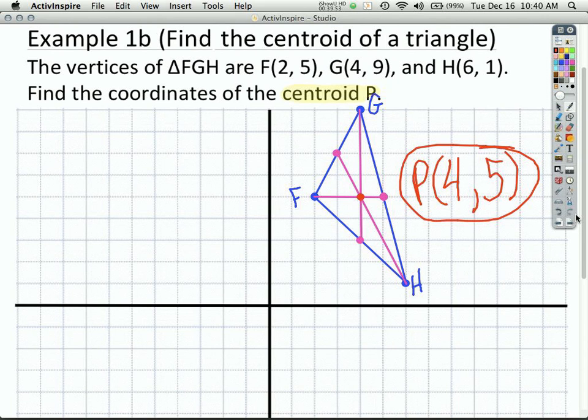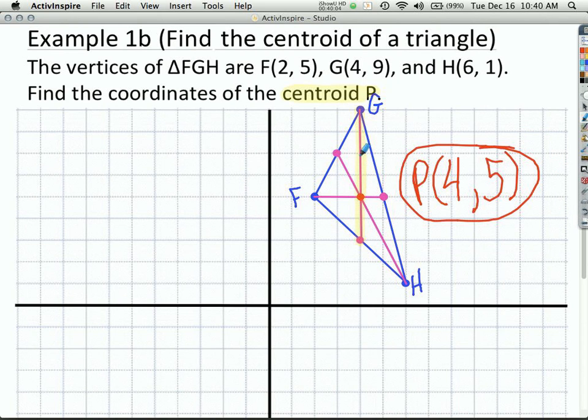We also proved the centroid theorem here. Because look at this segment from G to the midpoint of the opposite side. And look at from P to G. We can count the units. 1, 2, 3, 4.